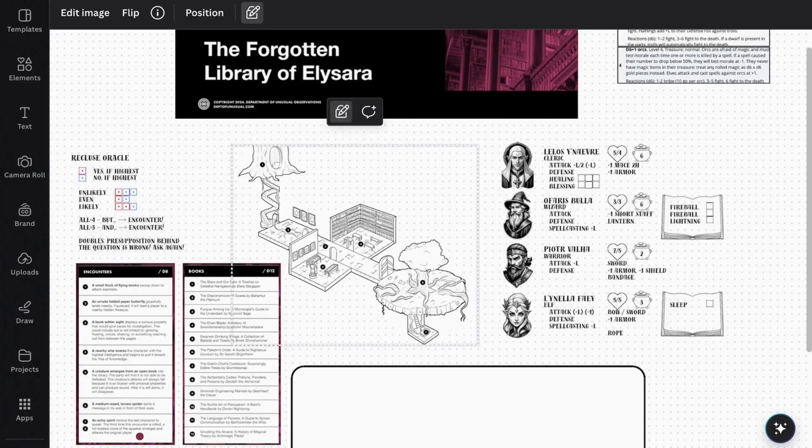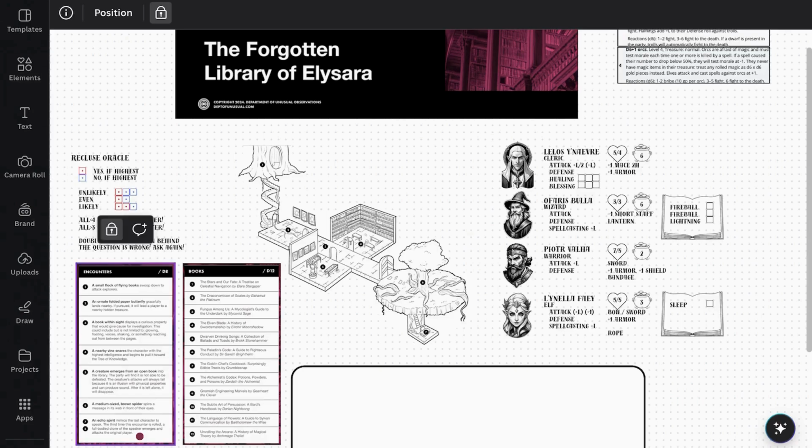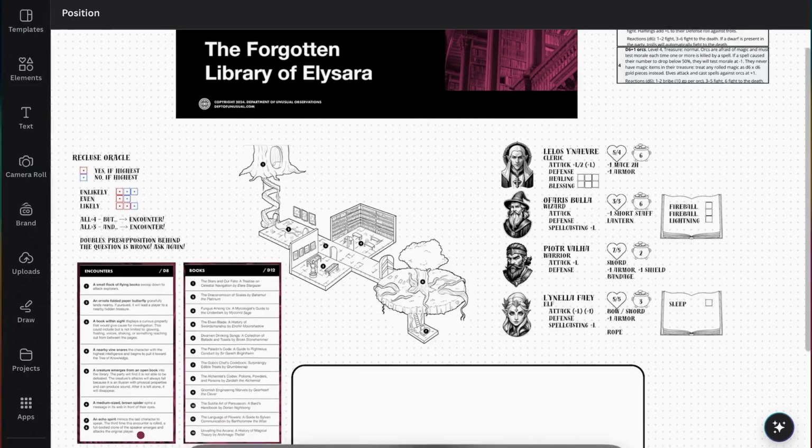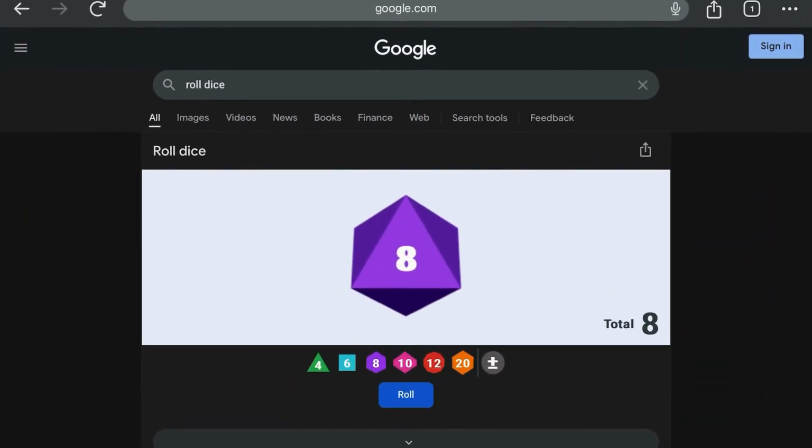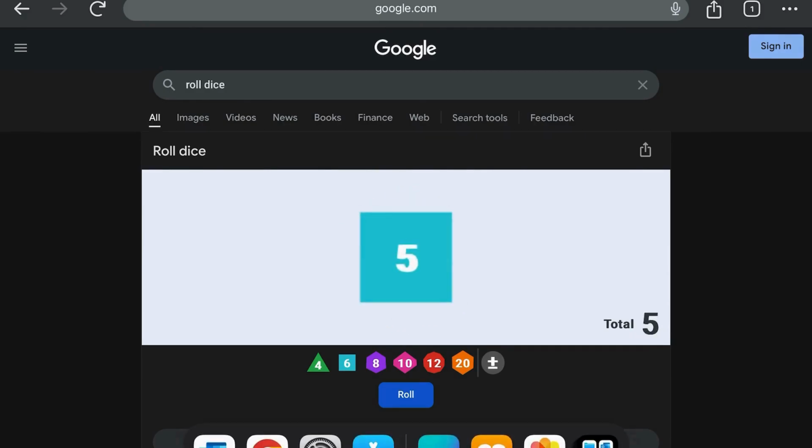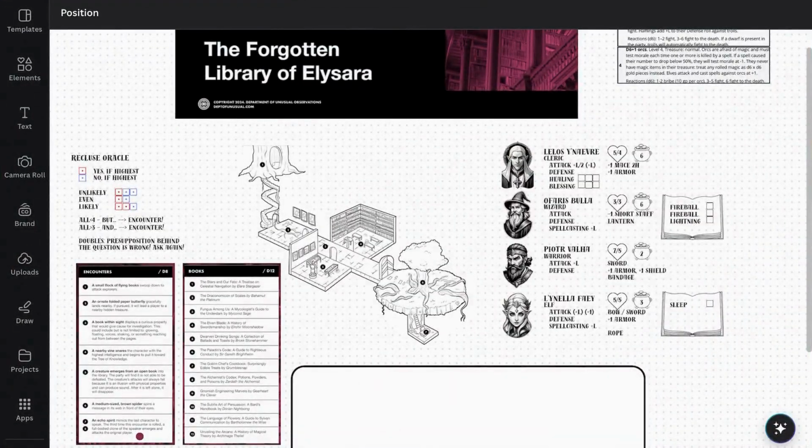If I use the rule from 4 Against Darkness, if I roll a 1, then some wandering monsters arrive, and I will roll on the encounter table to see what is happening while Piotr is trying to open the door. So roll for wandering monsters. 5. Okay, no wandering monsters, I mean no encounters happening.